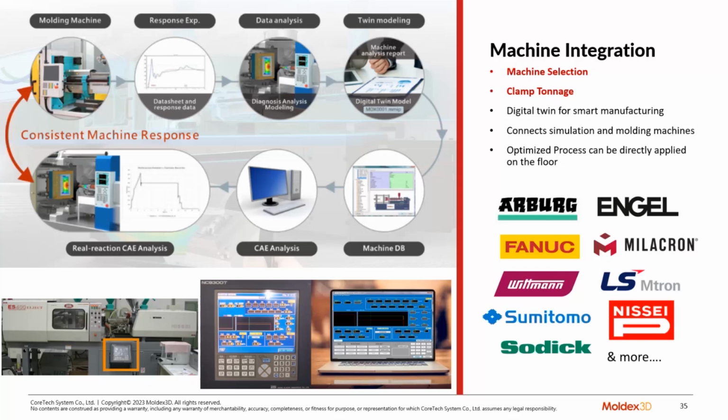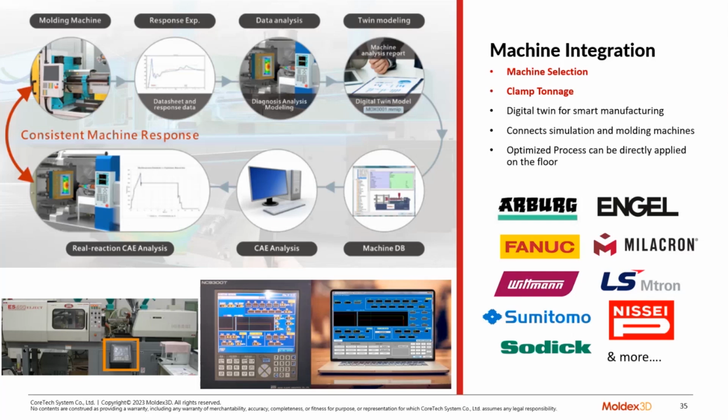And other things I wanted to share, this is just quick miscellaneous examples. So basically, machine consideration. Yes, everybody knows that you can consider the machine inside the simulation using the machine mode, and this is really important in the earlier machine selection phase. We have a database of around 1,000 plus molding machines, and you can use your exact molding machine to understand if your pressure or clamp tonnage requirement would be enough or not.